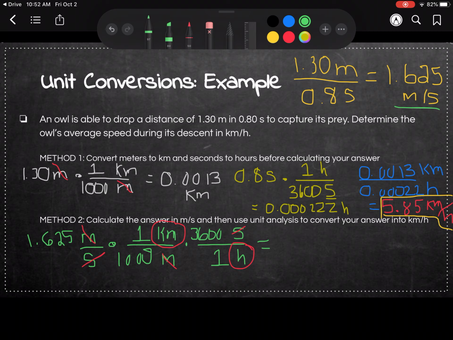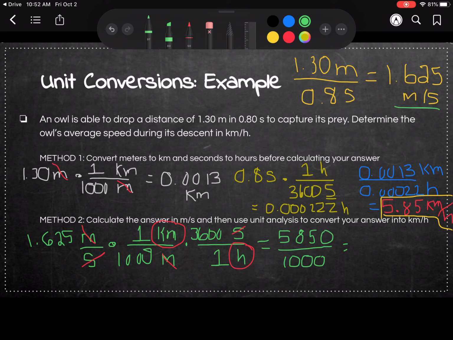So if I take my 1.625 and multiply it by 3,600, I get 5850 on the top. And if you have a calculator that you could do this all in one step, go for it. And then on the bottom, I just have 1,000 times 1.